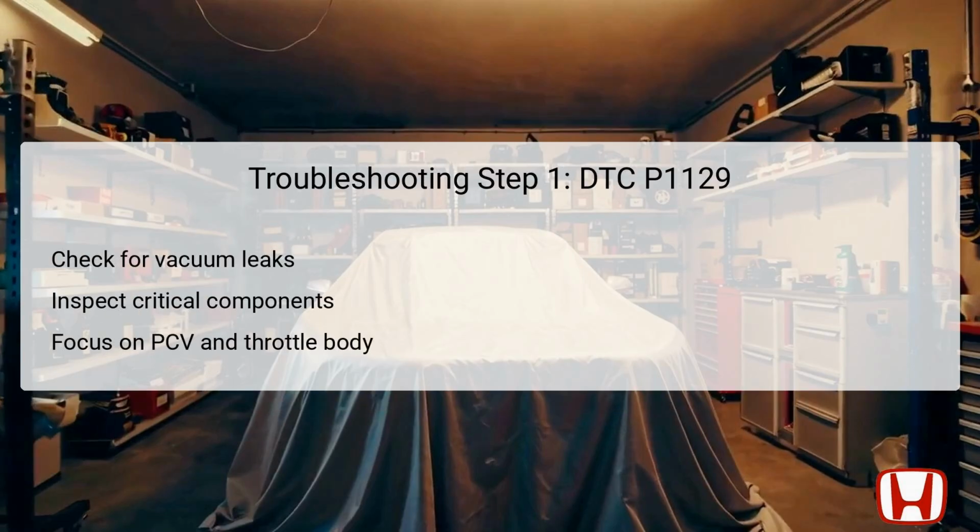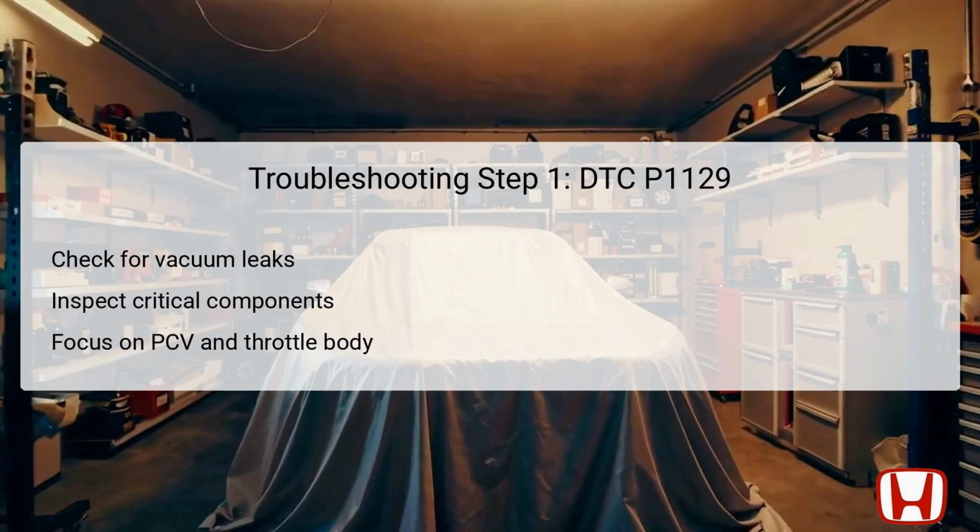The first step in troubleshooting DTC P1129 is to check for vacuum leaks in several critical components of the engine. Common areas to inspect include the PCV valve, which helps regulate pressure in the engine, the throttle body that controls air intake, and the brake booster, which can affect the accuracy of pressure readings.